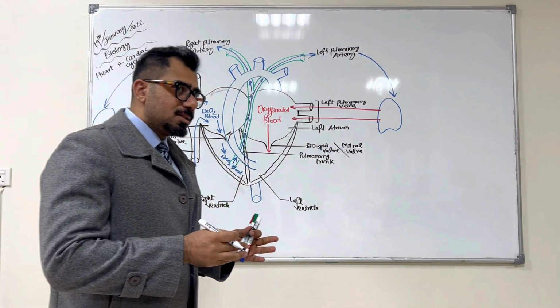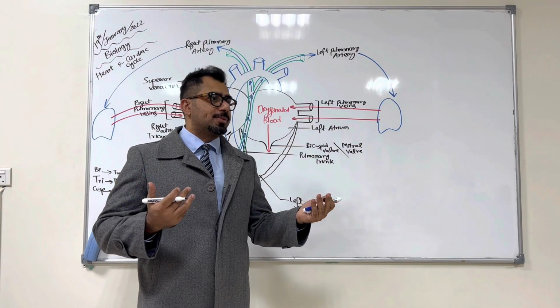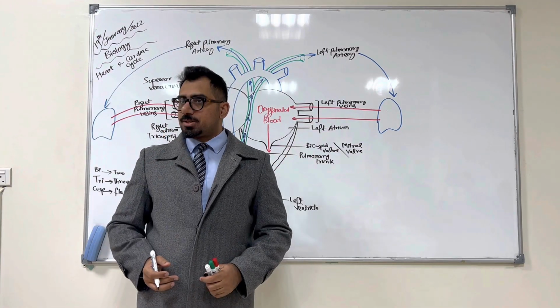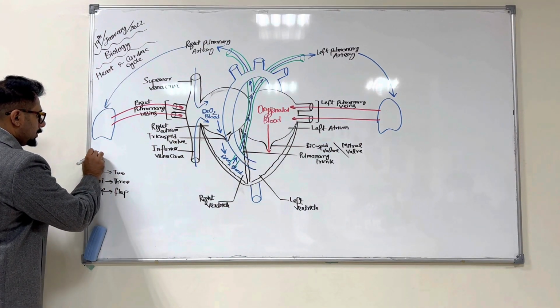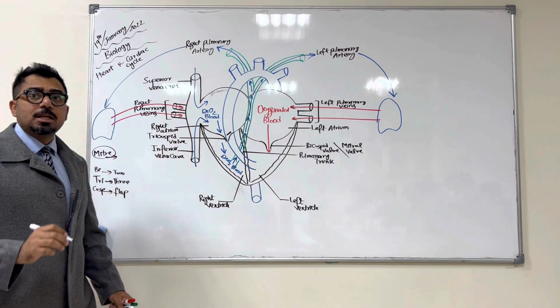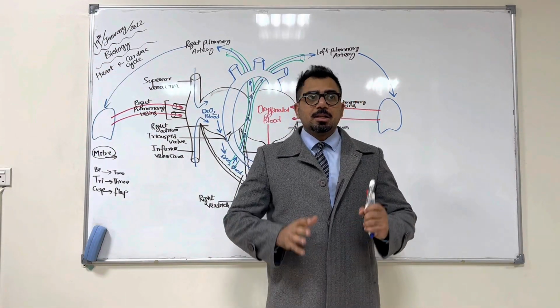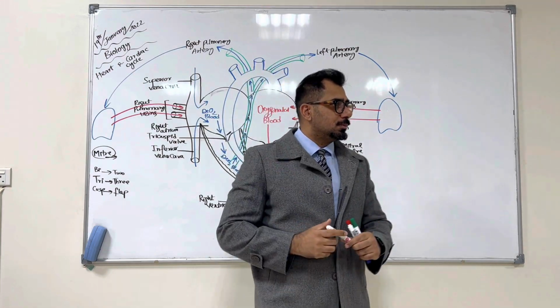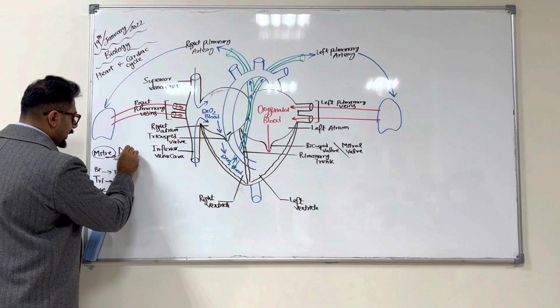Now, we can understand it is called bicuspid because it has two flaps. Why is it called the mitral valve? The reason behind it is that you have seen the Pope, the Christian head, right? You have seen him wearing a long cap.